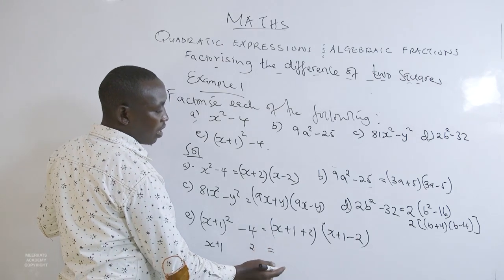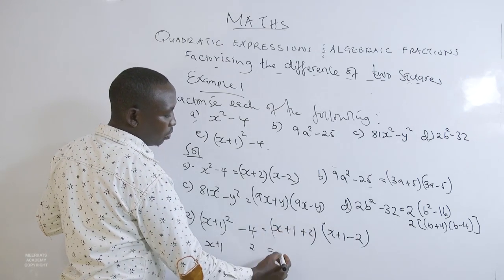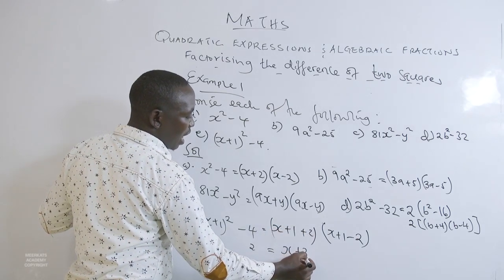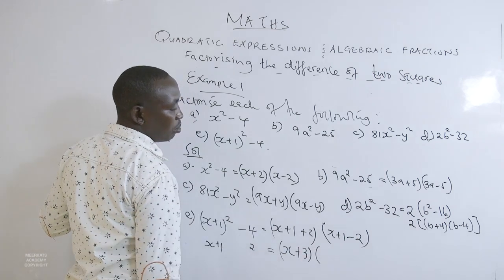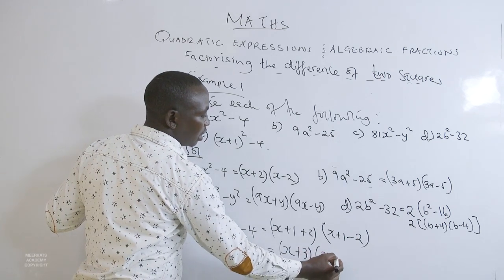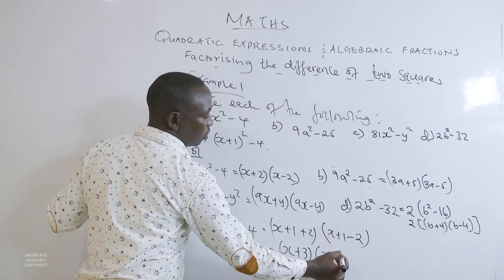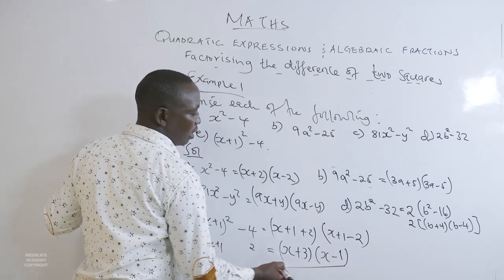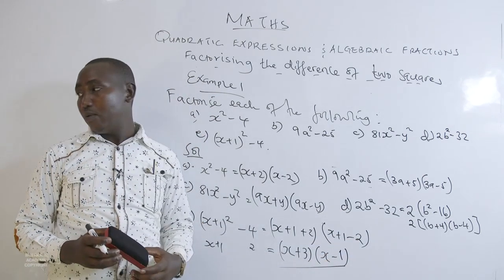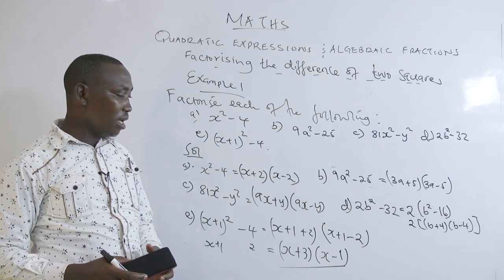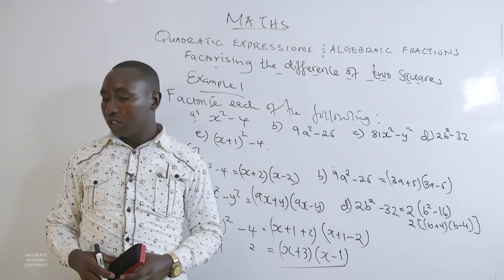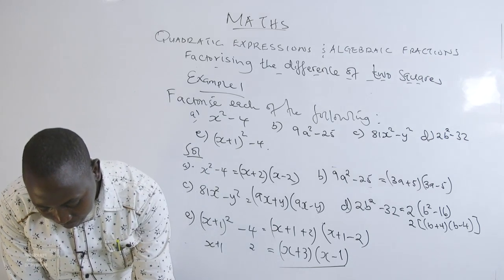So when we simplify, 1 plus 2 will be 3, so this will be x plus 3. We multiply it by x subtract, 1 minus 2 is minus 1. And therefore, in factorized form, we are going to have x plus 3 multiplied by x subtract 1.